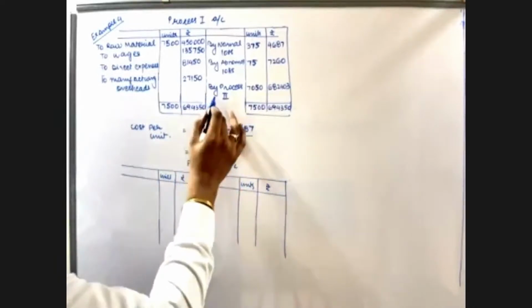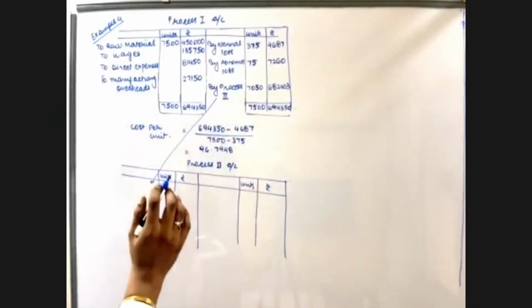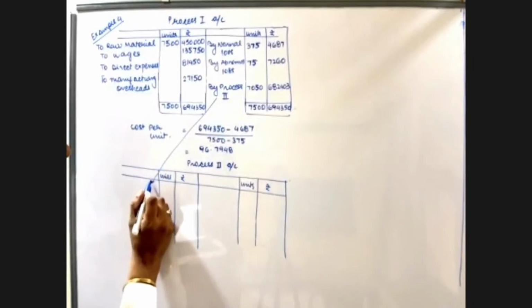The output of process first will be the input of process second.